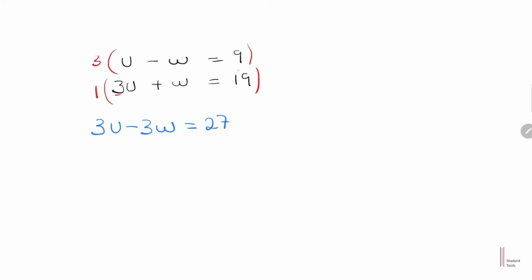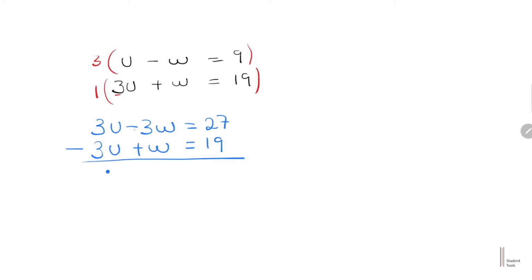And then on the second equation, we multiply out. Because we're multiplying with a positive 1, it will remain the same. So we have 3u plus w equal to 19. So we have that, and then we subtract. So 3u minus 3u, that is a 0. So you can see the u has been eliminated.